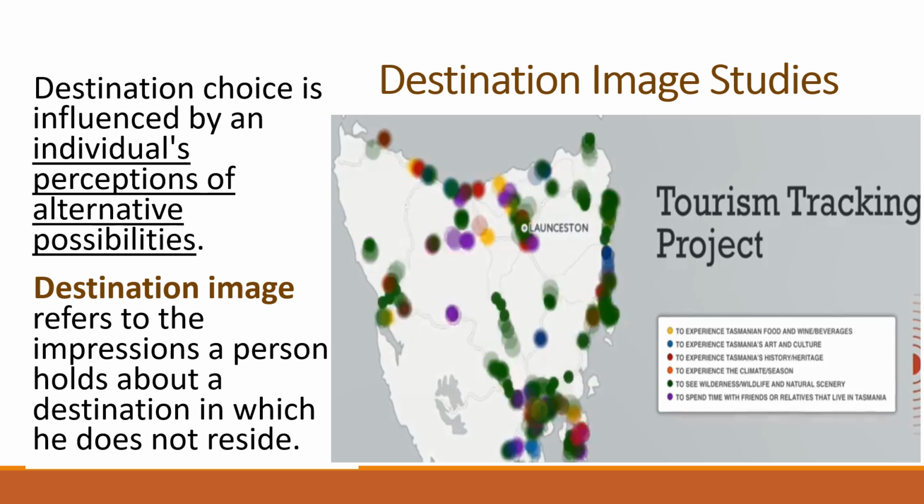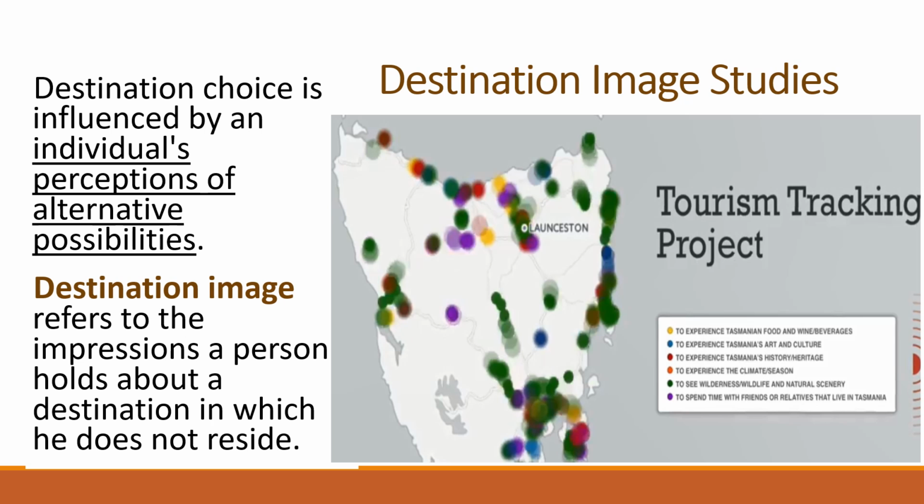So they had to experience food and beverages, to experience art and culture, to experience history and heritage, etc. And so by tracking this, you could see, for example, why someone would want to go to a particular destination. What is the image of that destination?